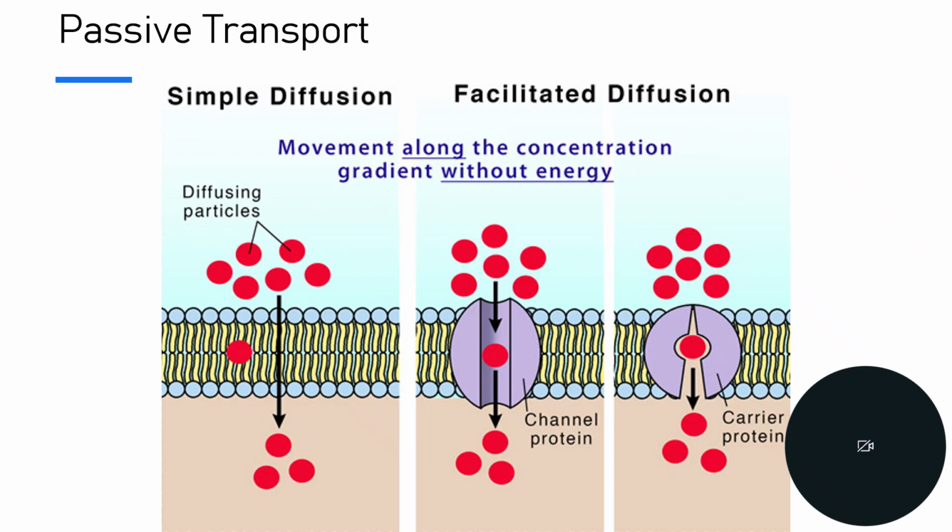And then the other type of passive transport that can sometimes get a little wonky is called osmosis. This is the diffusion of water. Osmosis only ever refers to water. So if you ever hear anybody talk about osmosis and they're talking about salt or Gatorade, then you know they don't know what they're talking about. Osmosis is only water.